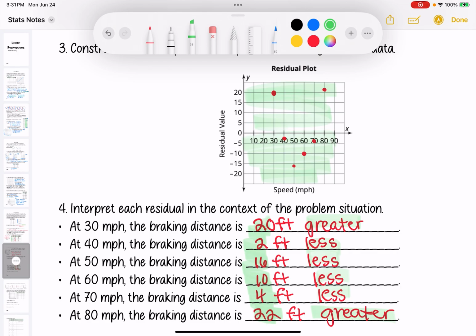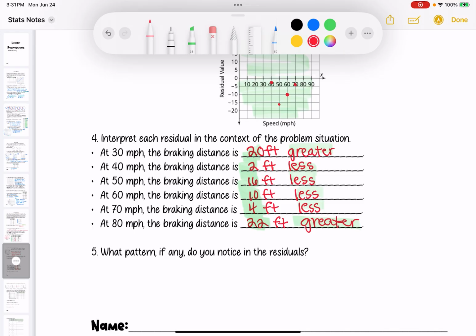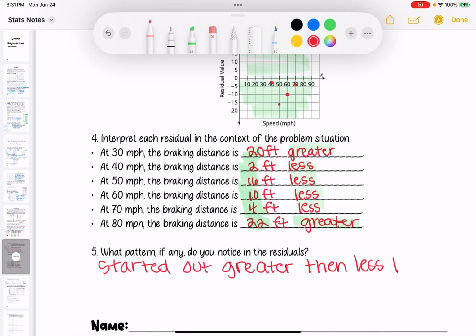All right, number 5, what pattern, if any, do you notice in the residuals? So it started out greater, then less, then it went to greater again.